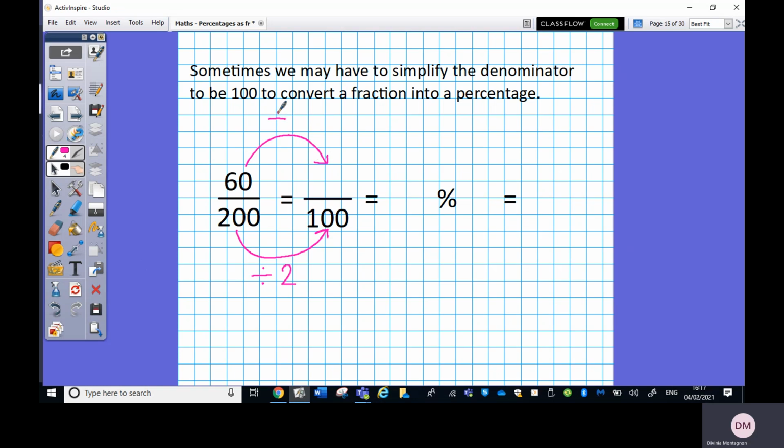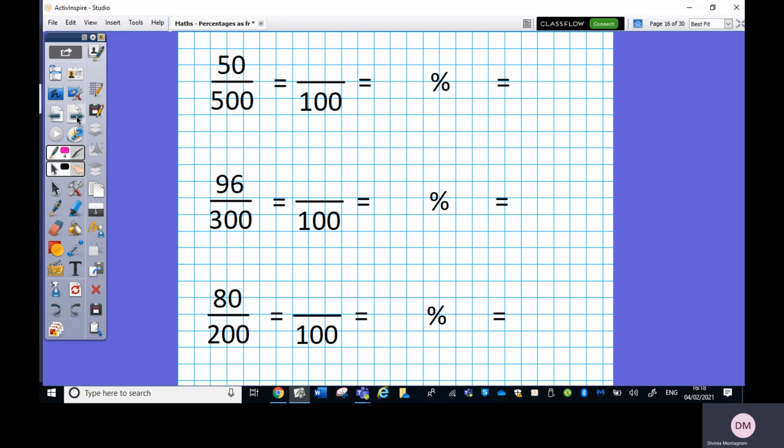Yep, I need to divide it by 2. 60 divided by 2 equals 30. And therefore, now I'm familiar with this fraction, 30 hundredths, and that equals 30%, or 0.30, good, or 0.3, well done.